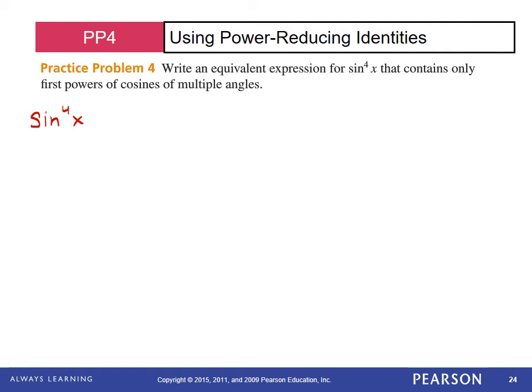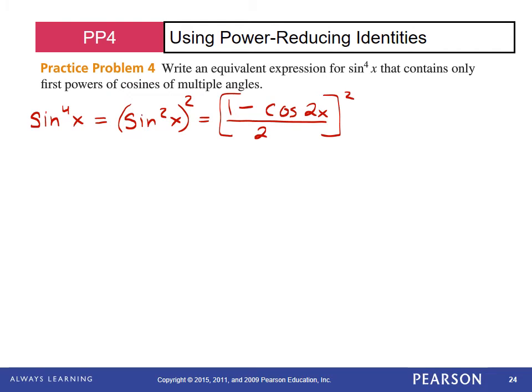So sine of x to the 4th power is really going to be sine squared x being squared. And we're going to use our power reducing identity here. And that changes into 1 minus cosine of 2x over 2. And let's see, we're going to square the numerator.